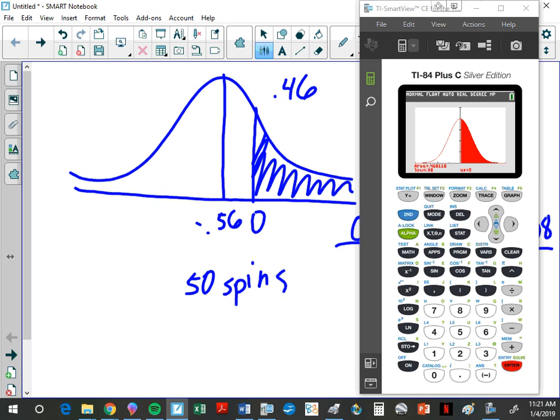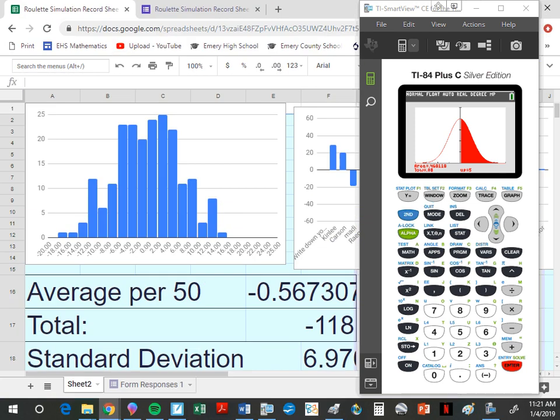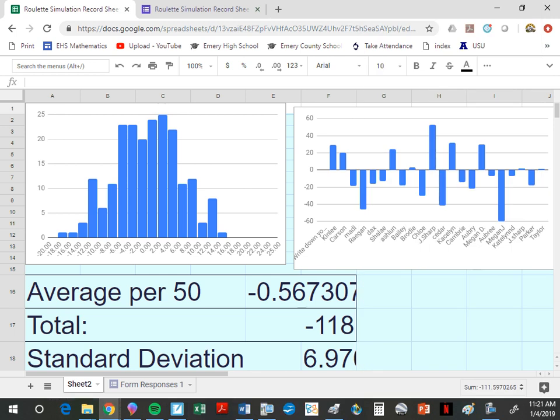Okay? But what if you keep playing? Because it looks like the bottom is a lot more than 46%. Maybe the bottom, or sorry, it looks like the top is less than 46. It might be 30% or something like that. Why is that? The more you play, the more you're going to lose.